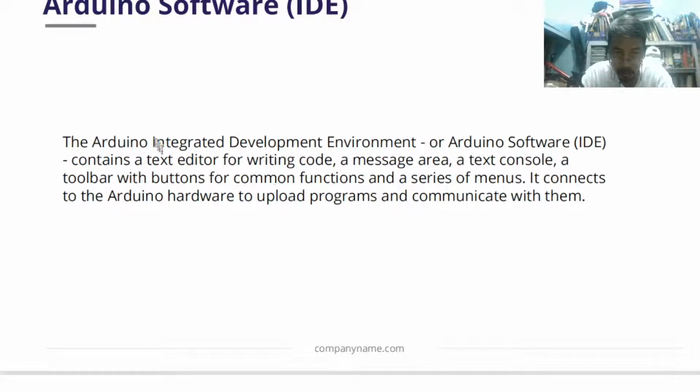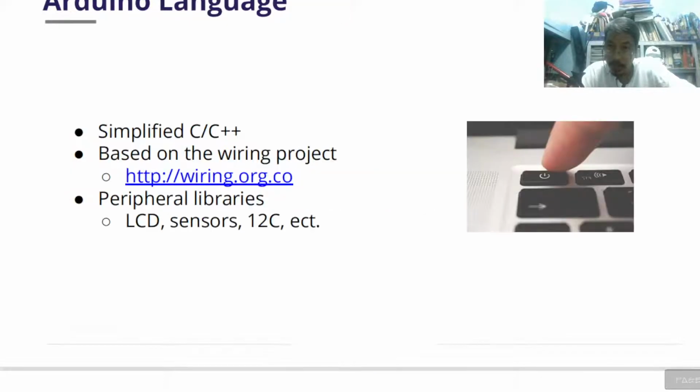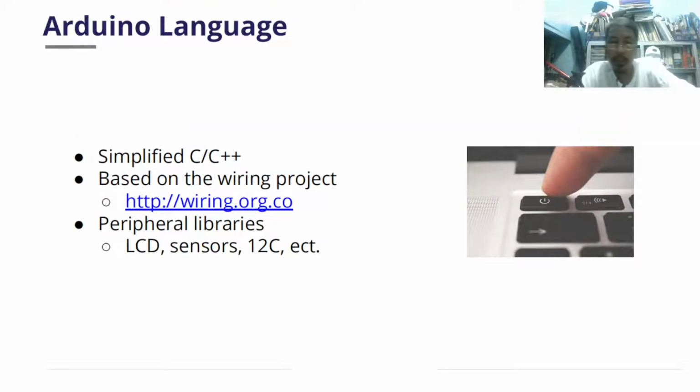So IDE meaning Integrated Development Environment, or IDE. So just search for it, then you will find several sites that would have the available download of the software. That is open source again. That is open source. So what is the programming language?